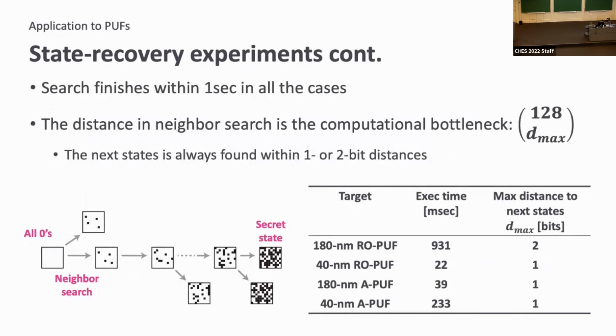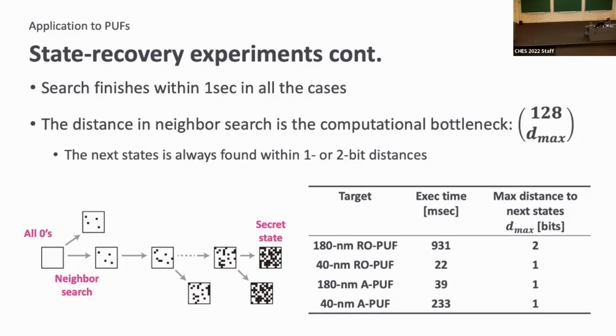We do not go deeper into the search algorithm, but the idea is to iteratively find next states with neighbor search, starting from 0 until we get a legitimate secret state, in the same way as the previous attack. This table summarizes the result.